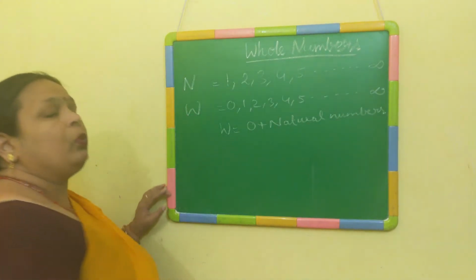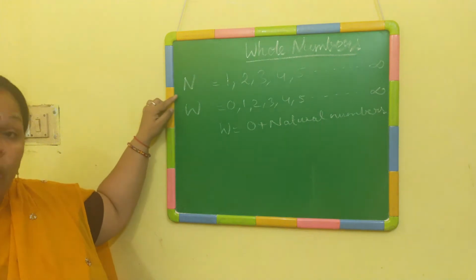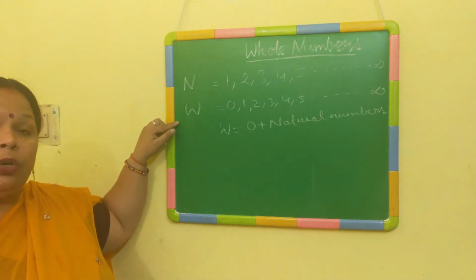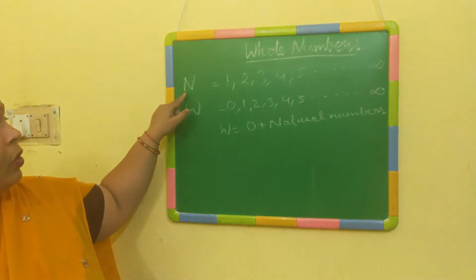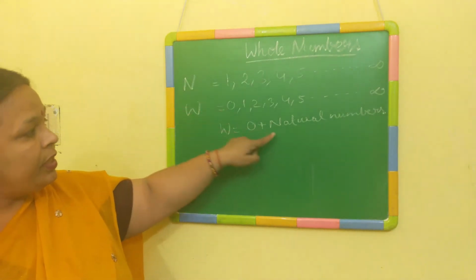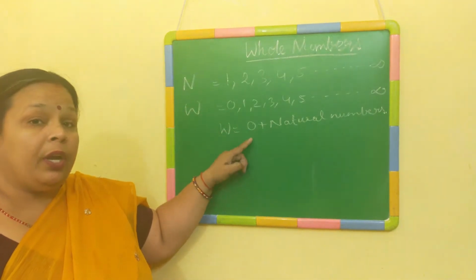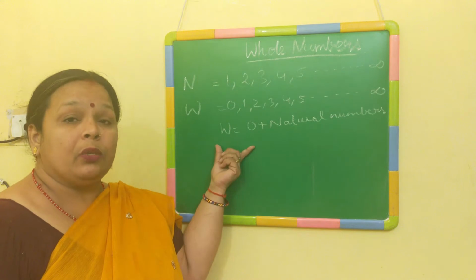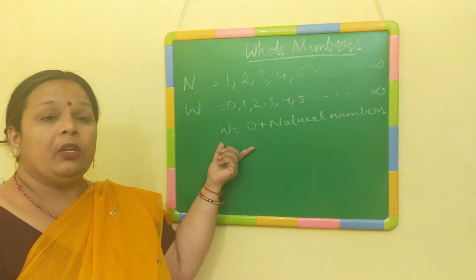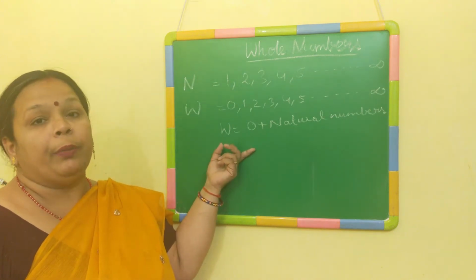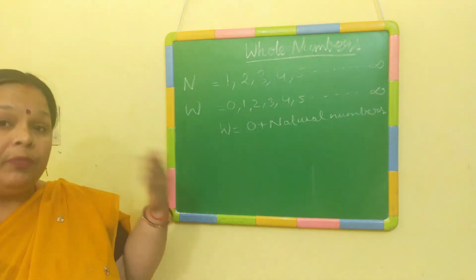Now, there must be a query in your mind whether all natural numbers are whole numbers or not. See, because natural numbers are added to 0 and a new group we got is whole numbers, so we can say all natural numbers are whole numbers. But is the reverse possible?